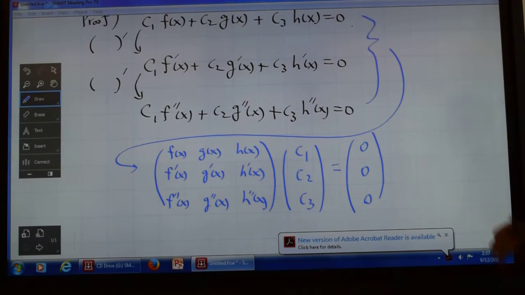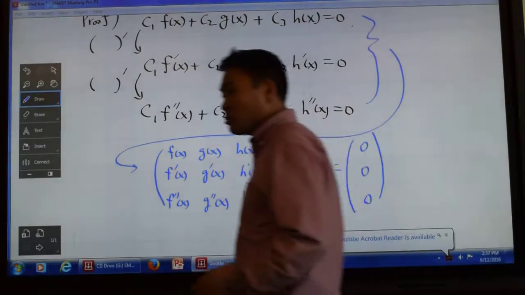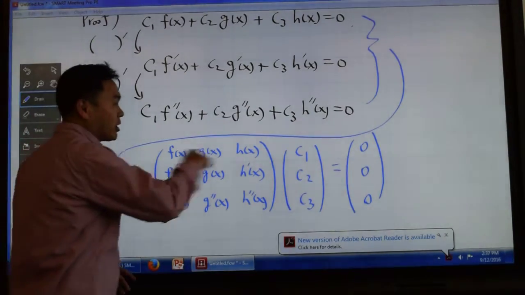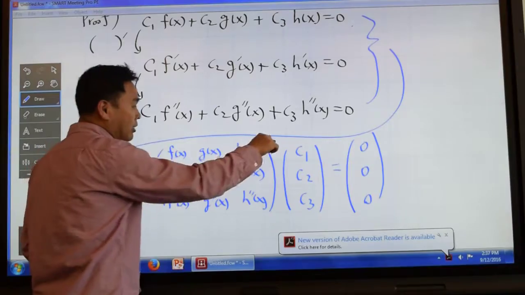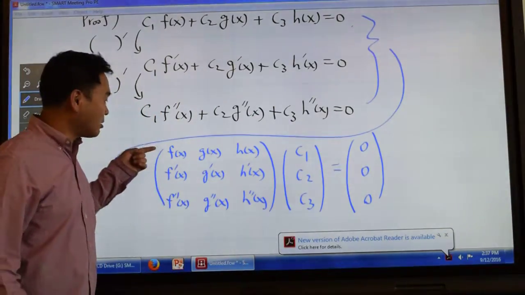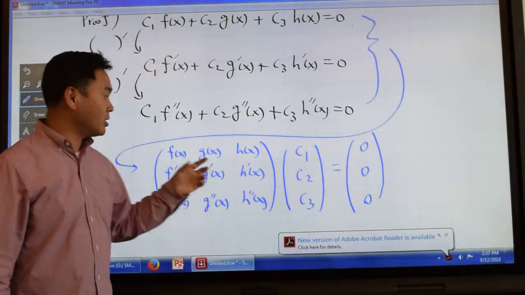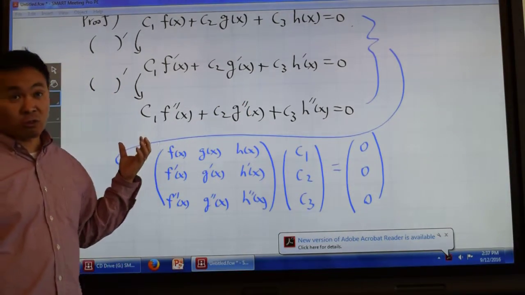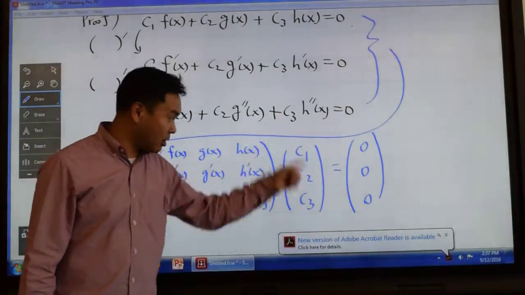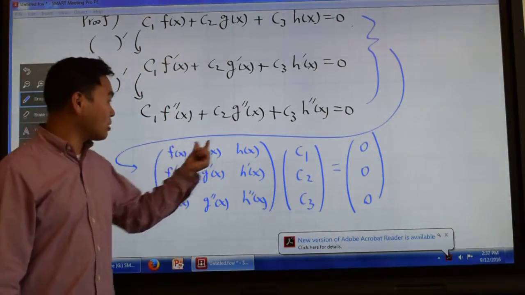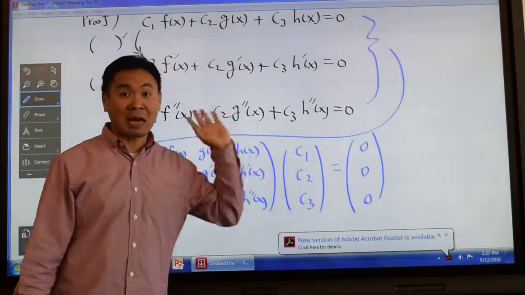Okay? Now, in case you forgot how to multiply matrices, let me remind you again. You multiply matrices by doing across and down, right? When I choose one row and one column to do across down, I'm doing the dot product between the two vectors. So here's a row vector, here's a column vector, and you have to do the dot product. What's a dot product? You do component-wise multiplication and then you add the result, right?